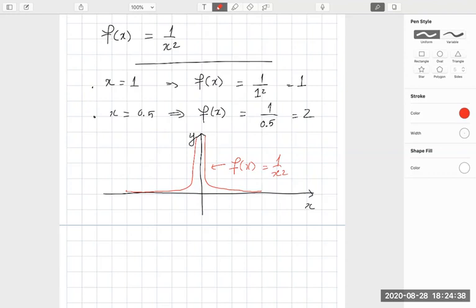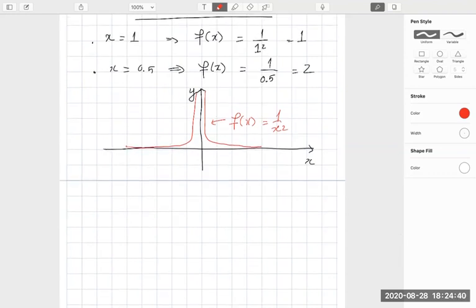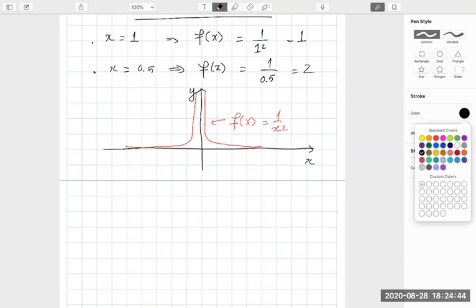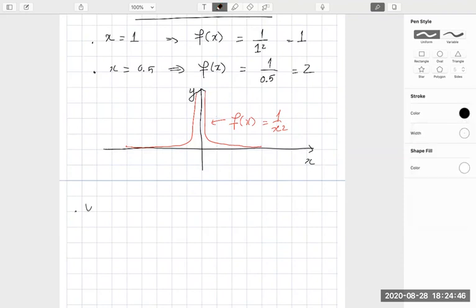We see that when x approaches 0, f of x becomes a very large number.